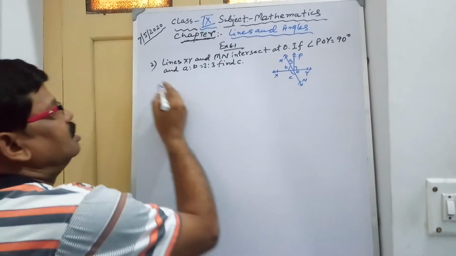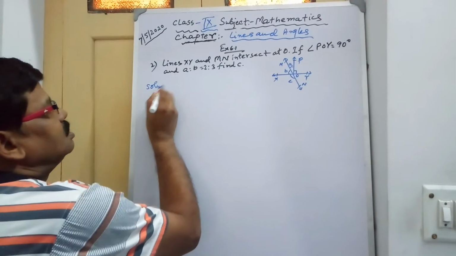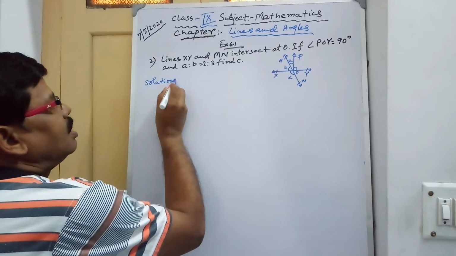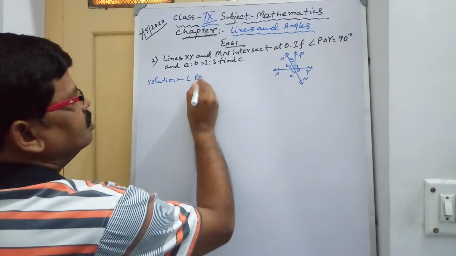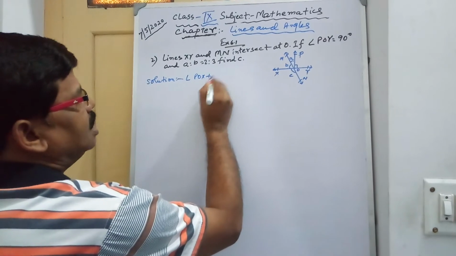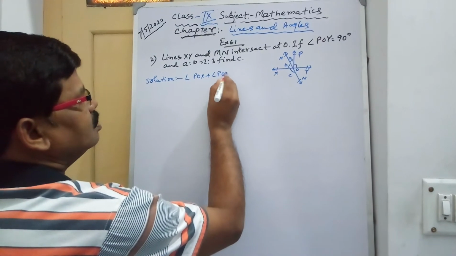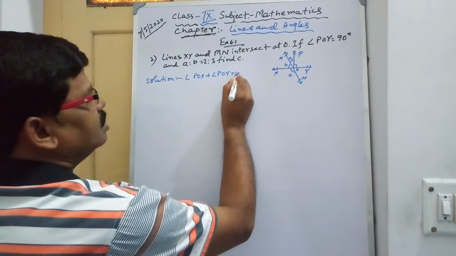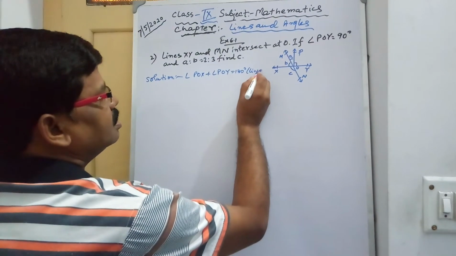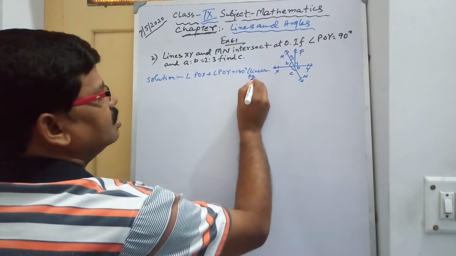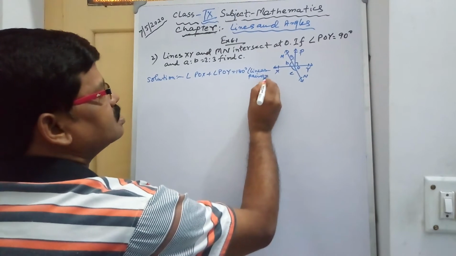Now, solution: angle POX plus angle POY equal to 180 degrees by linear pair axiom.